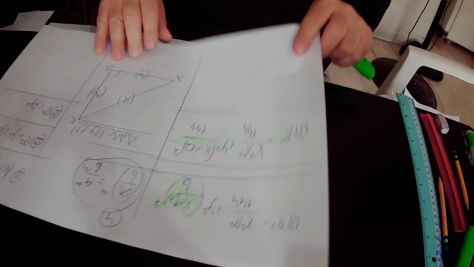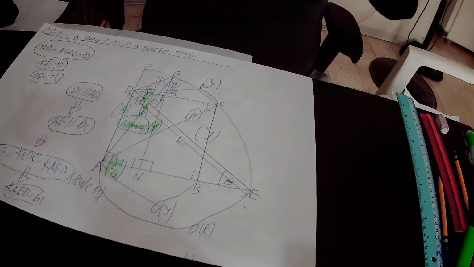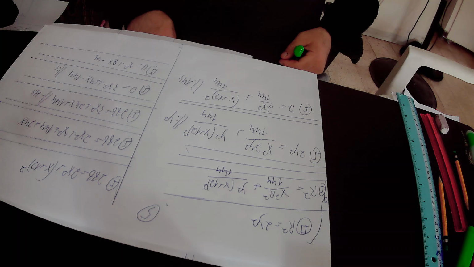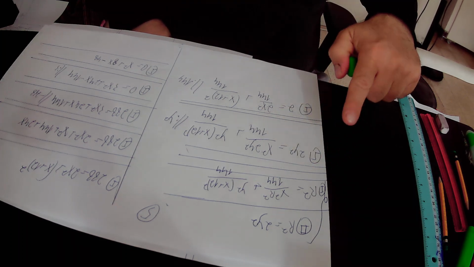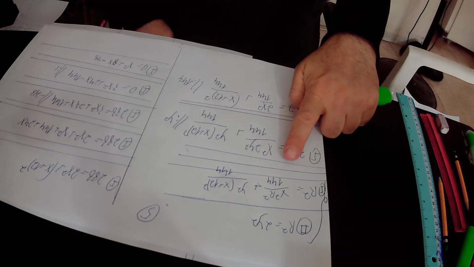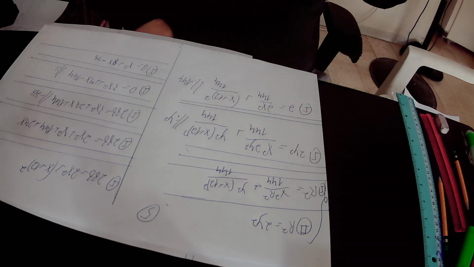So we have here two equations. According to equation 2, R squared equals 2Y squared. According to equation 1, we already found out that R squared equals X squared times R squared over 144 plus Y squared times X plus 12 squared over 144.